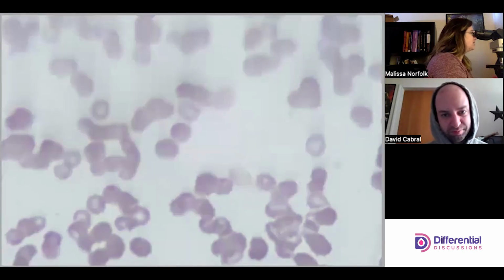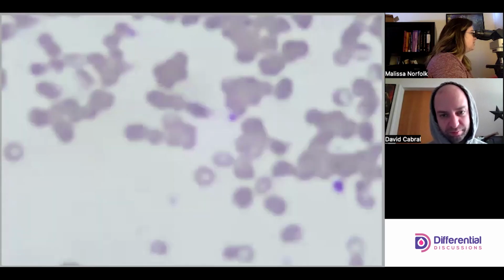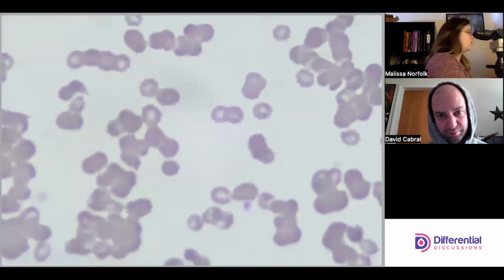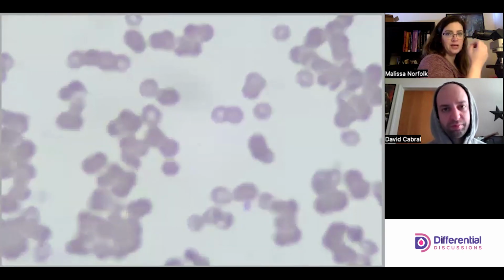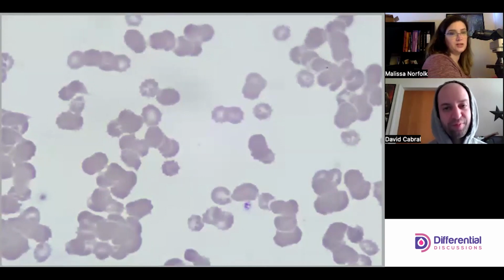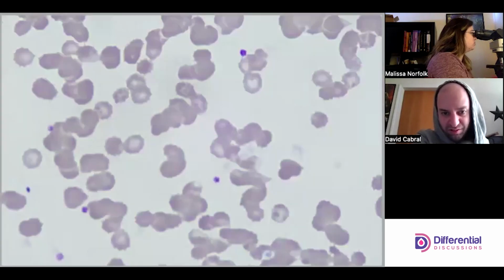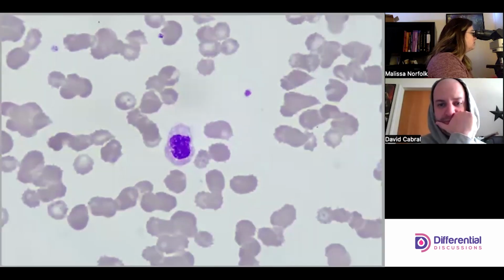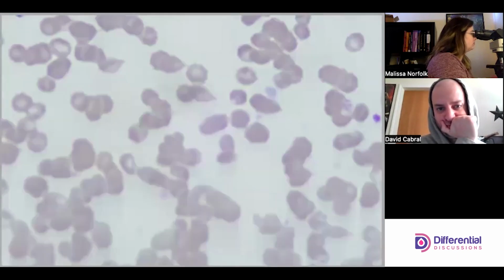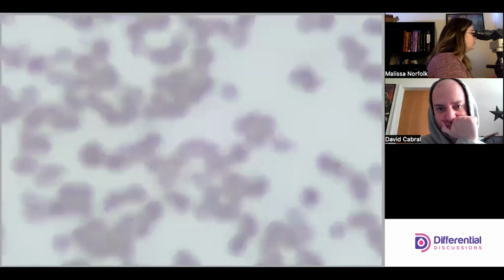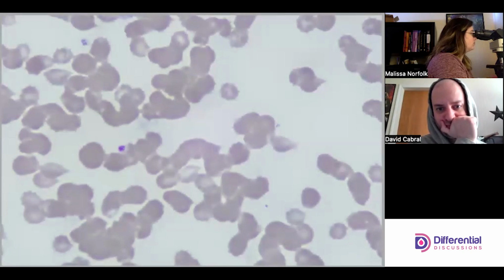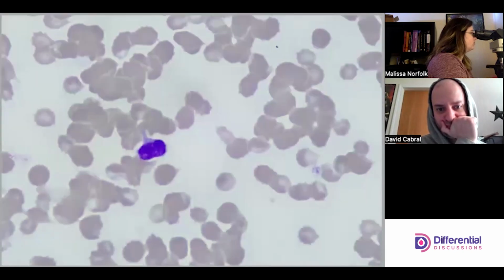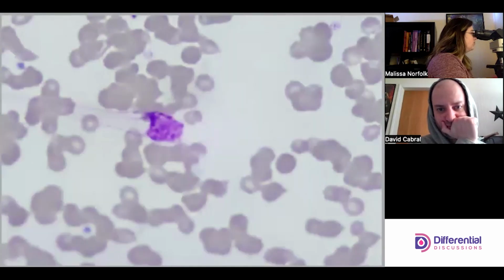Just like with the histoplasma slide, when we're looking for qualitative findings, the area of the slide doesn't matter quite as much as long as you can still see detail.